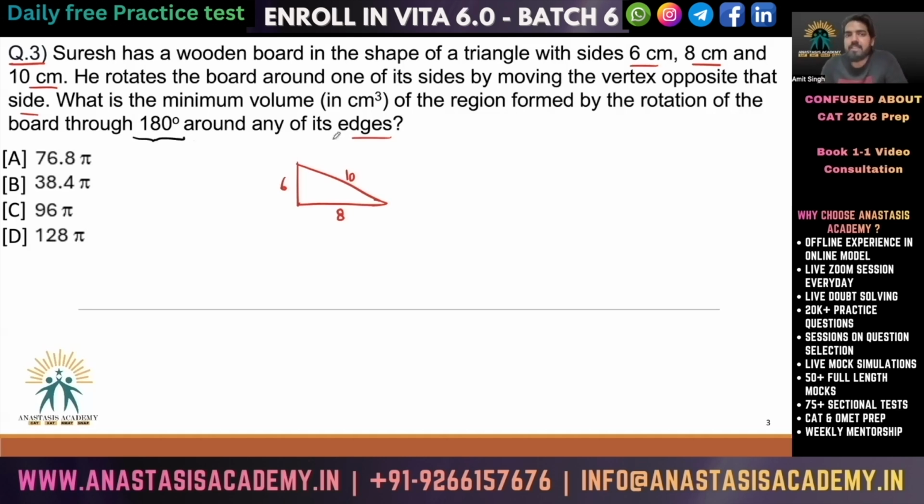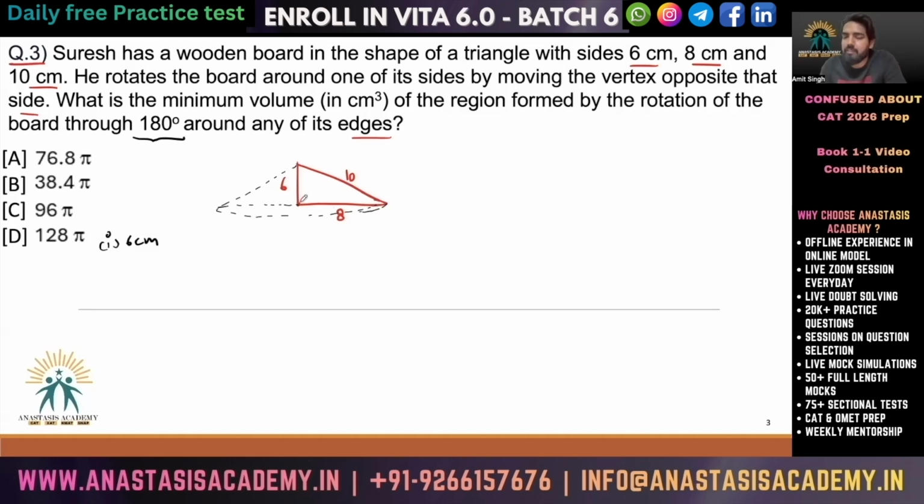So let me just find the volumes when I rotate this triangle around each of its edges, right? So let's take the first case. When I rotate it around the 6 centimeter side, it would be a conical shape, and it would be half the conical shape, like this half conical shape.